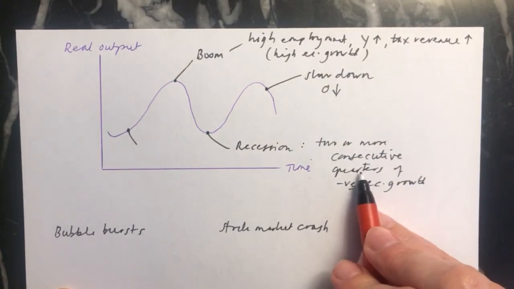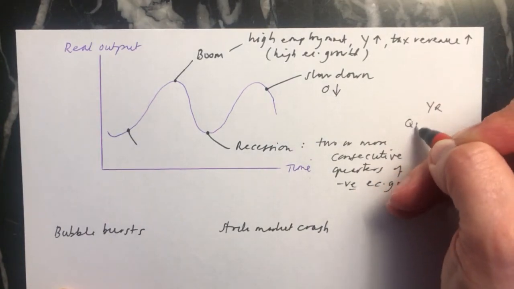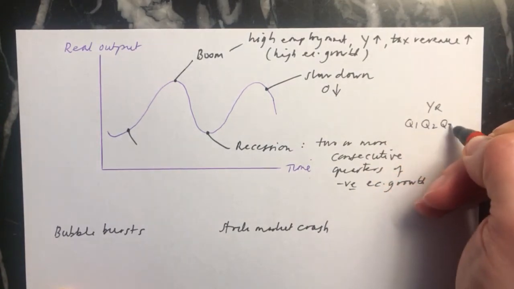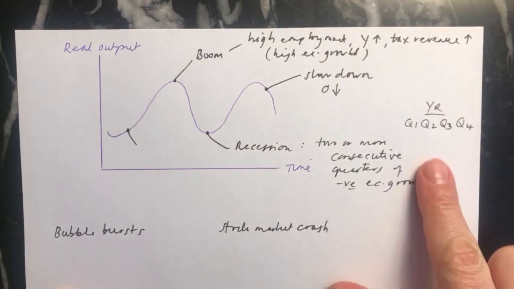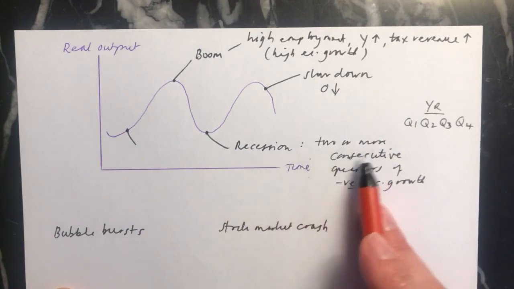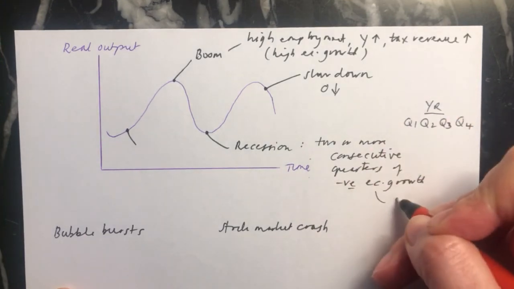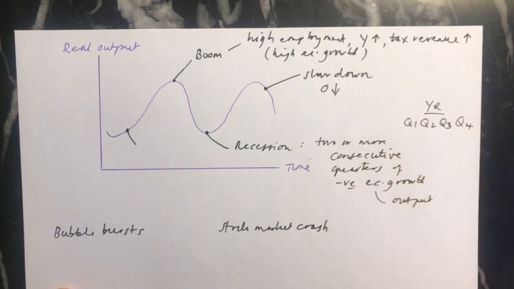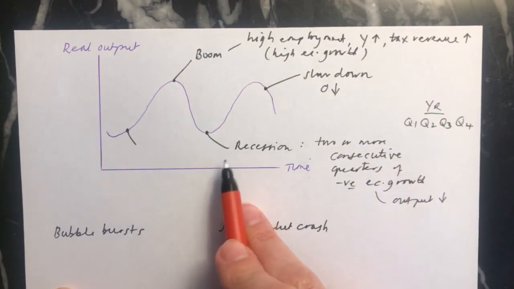Remember, a quarter is a quarter of a year, because a year is divided up between quarter 1, quarter 2, quarter 3, quarter 4. That's used by economists and business people to explain about different times in the year. If you have a recession, you've got 2 or more consecutive quarters of negative economic growth. That means that output for 2 or more consecutive quarters is actually falling, and that's a recession.